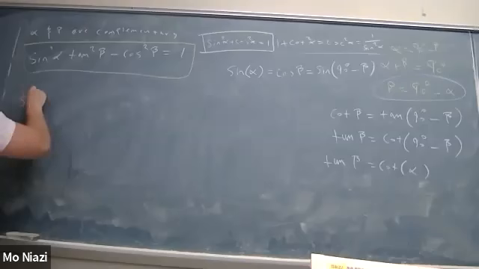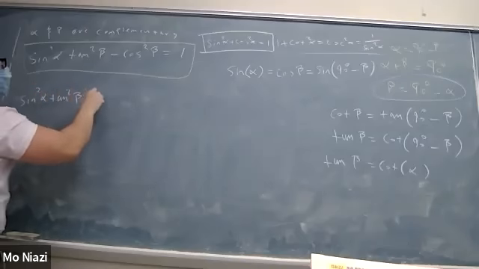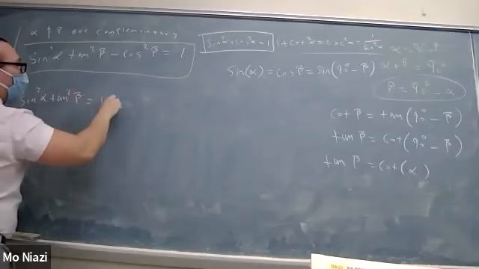If you show sine squared alpha tangent squared beta is equal to 1 plus cosine squared beta, you'd be done as well. I thought about doing that? Okay.